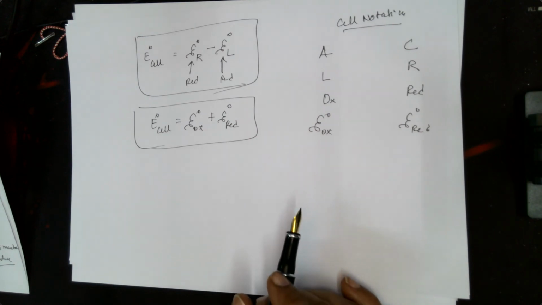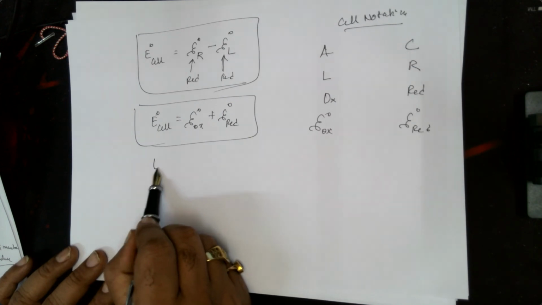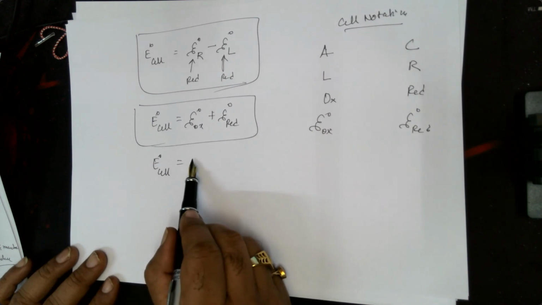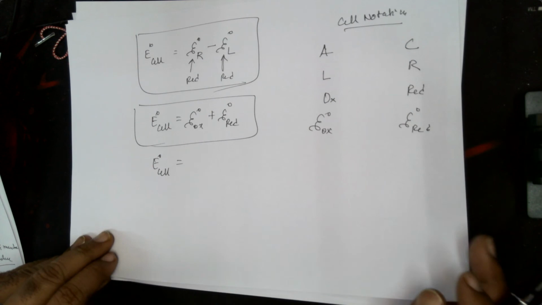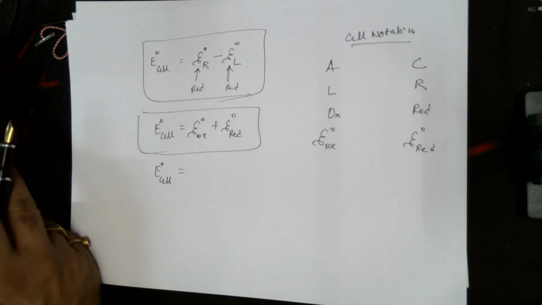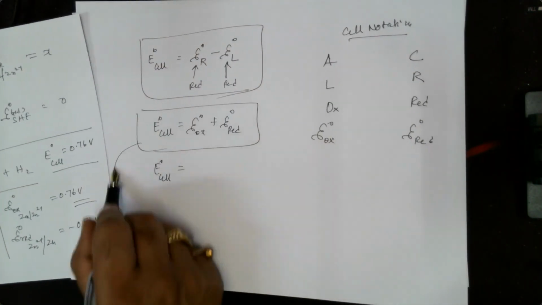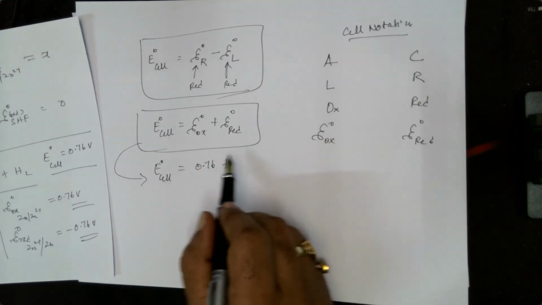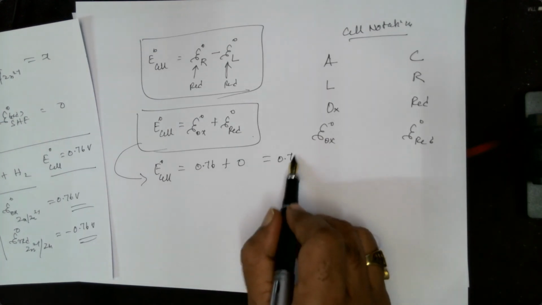Now let me write once again the E cell value of the zinc electrode. What is the oxidation potential we have just discussed? I have given the oxidation potential as 0.76. So according to this equation, 0.76, correct? The reduction potential is 0, correct? So the result is 0.76.